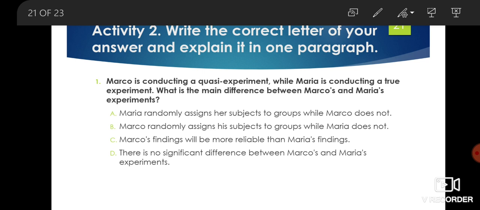Write the correct letter of your answer and explain it in one paragraph. For this activity, you can write on bond paper, a soft copy on your computers, or if you have no computer, on yellow paper or bond paper, take a picture, and attach it in our LMS.